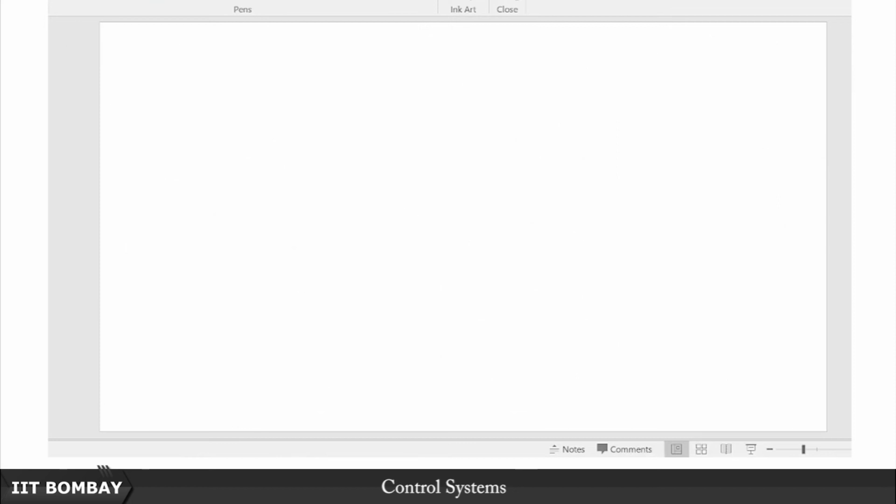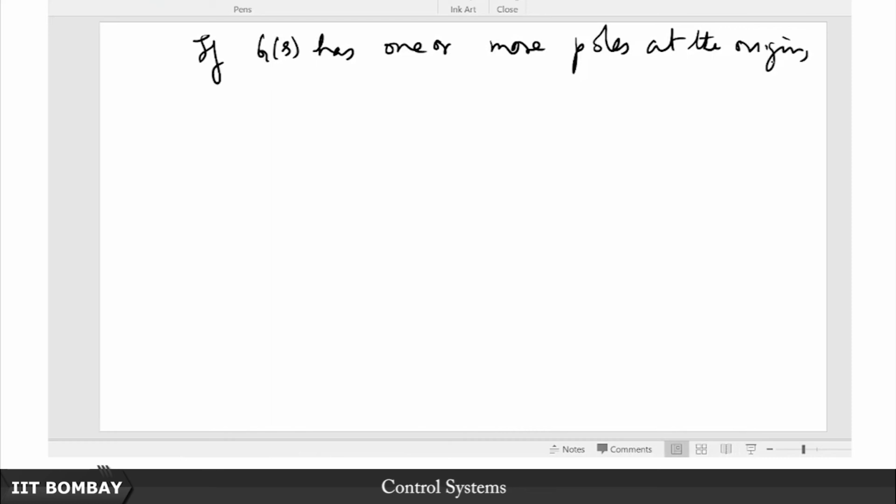Now on the other hand, if G(s) has one or more poles at the origin, then the limit s tending to 0 of G(s) tends to infinity, which means Kp tends to infinity.